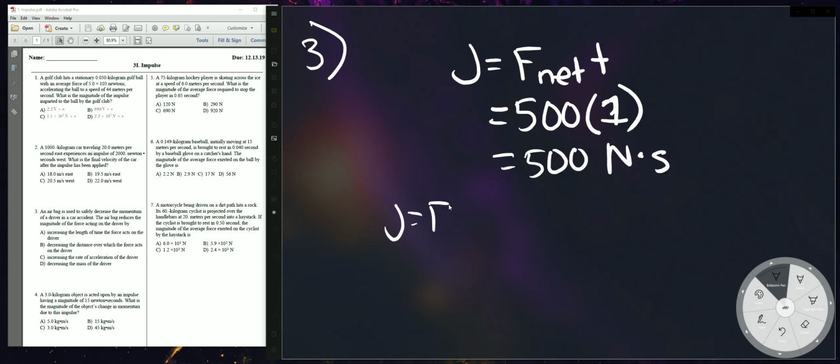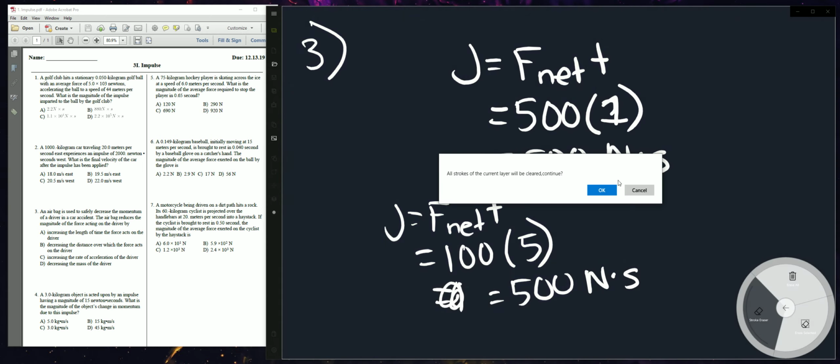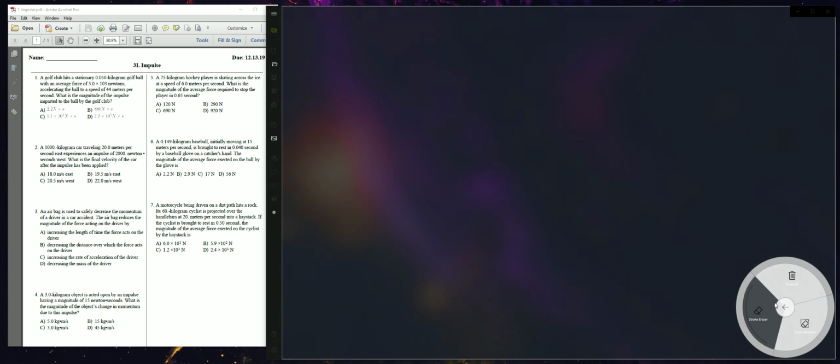Now let's say I apply a net force of 100 over a longer duration of 5 seconds. If you calculate all this, you're still going to get 500 newton seconds. So that's how that makes sense. That's how an airbag works. It increases the time it takes for you to get to zero.